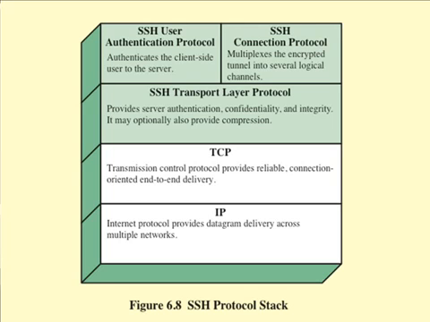Oftentimes you want to do that from the same network where the server currently resides, so that you have less of a risk of a different server or a malicious computer sending you back a key where you think it's coming from the server, when in fact it's coming from some malicious third party sitting in the middle using something such as a man-in-the-middle attack.